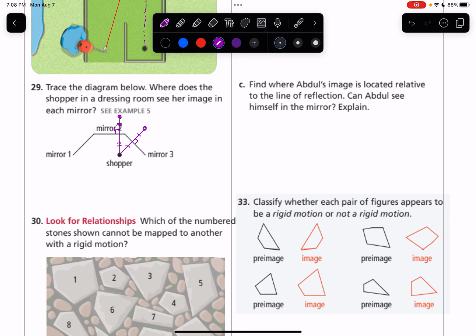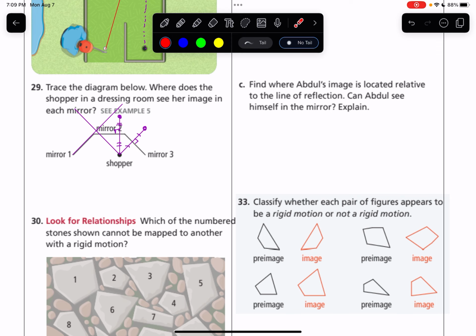And then for the shopper and mirror 1, we're going to have to extend the line of the mirror. Because if we draw a line perpendicular to where that mirror is, it's going to go off this page. Look at this. It's not off the page, but off where the mirror is. Take a look at this point right here.